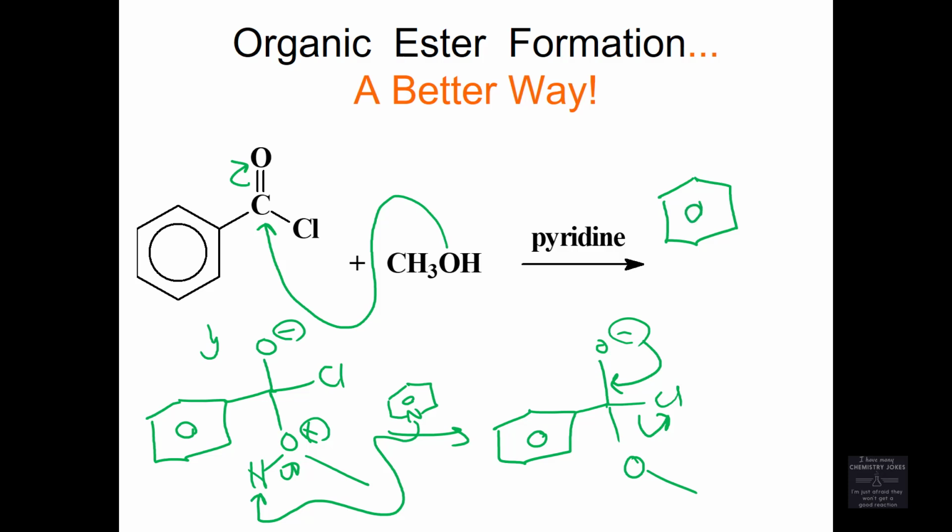Do we have to know this mechanism yet? No. The last mechanism and this mechanism are soon to come in Unit 3, actually. Soon to come, but I want to show it to you now because we're talking about oxygen acting as a nucleophile, alcohols acting as a nucleophile. The take-home message is so similar to the last one.